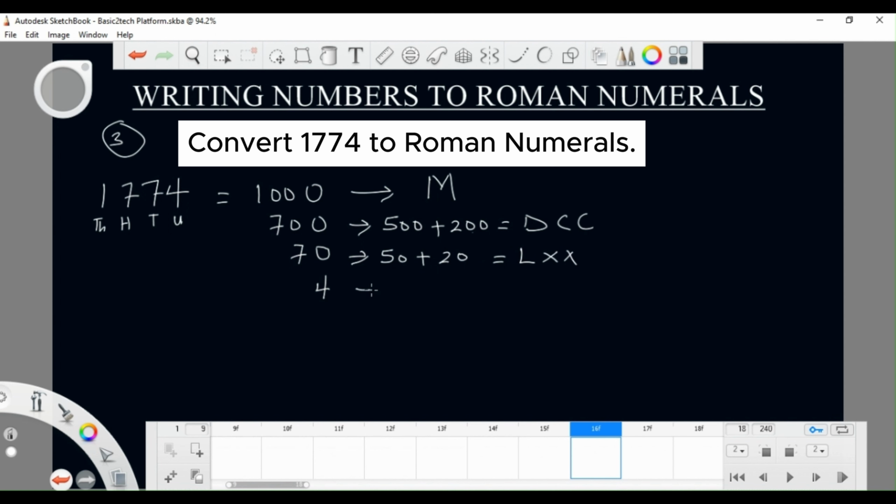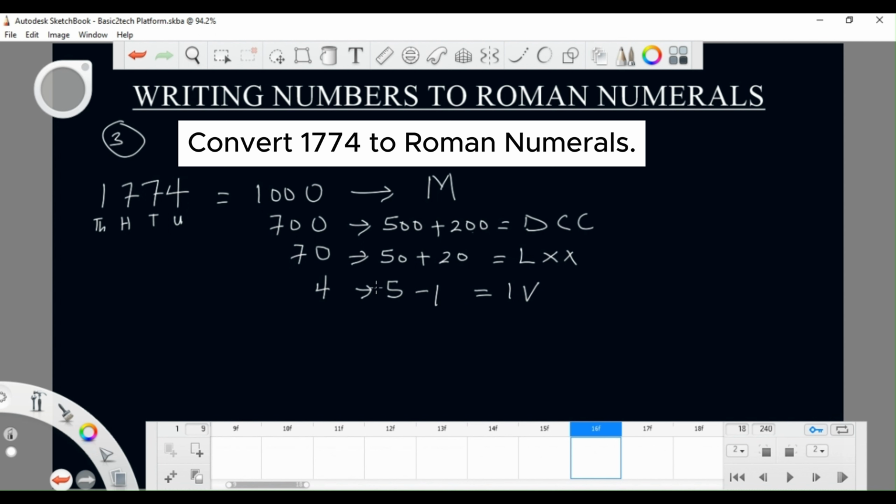For 4, we subtract 1 from 5. That gives us IV, because 1 is I, 5 is V. Here, because we are subtracting, the small symbol comes before the large symbol.